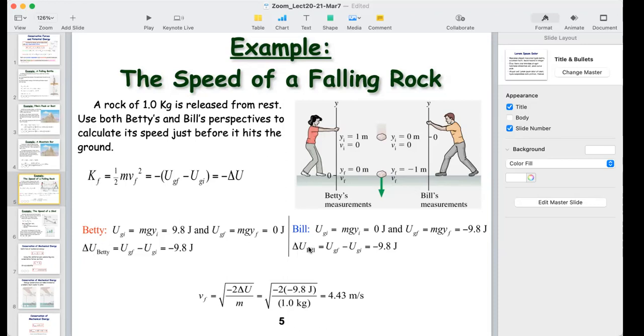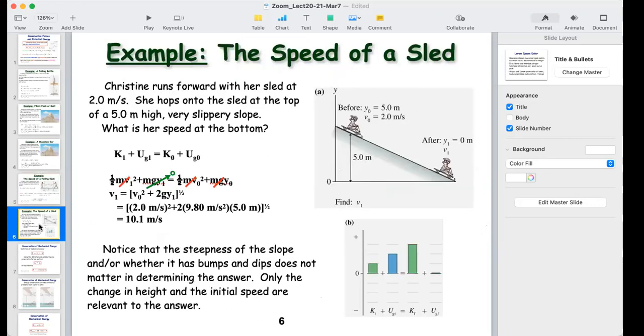And this is because what matters, as in the example before, is the change in the gravitational potential energy. And so if we calculate the final velocity, we find exactly the same final velocity. I hope this clarifies a bit how to use the reference system and how to pass from kinetic energy to potential energy.